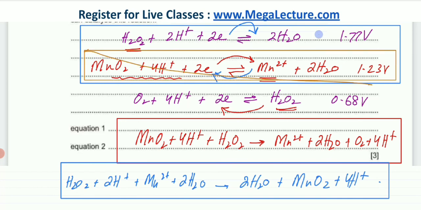Its potential should be between the two potentials of the reactions that are taking place, so that it should be able to go forward with one reaction and backward with the other reaction. It has a lower potential compared to the first one, but it has a higher potential compared to the second one, which is why the reaction could go forward as well as backward in the same mixture. And these would be your final two equations that you're going to get.